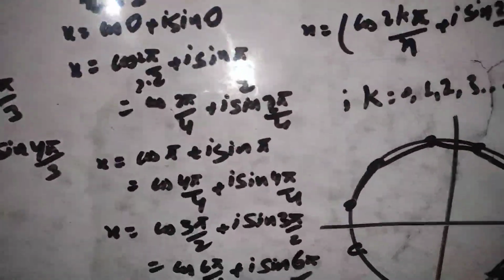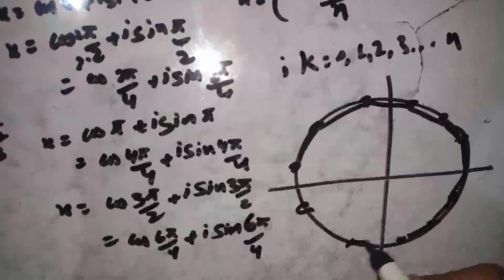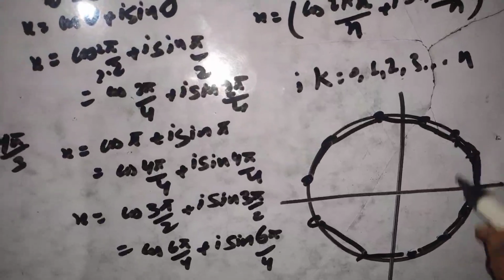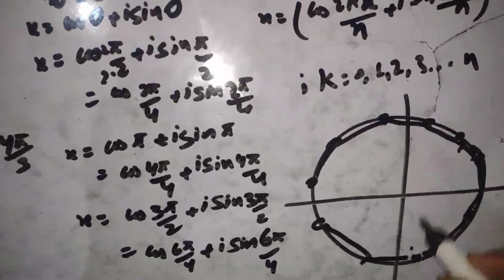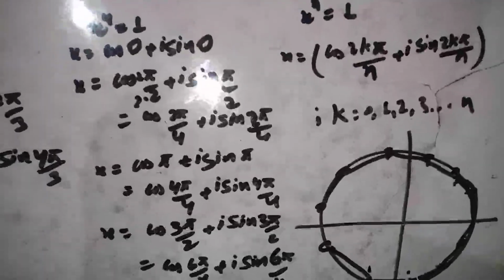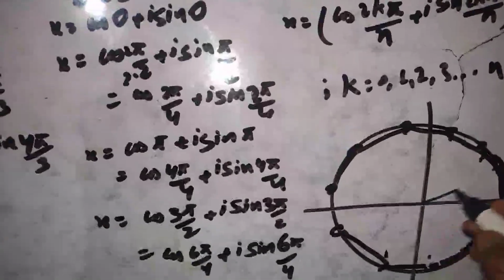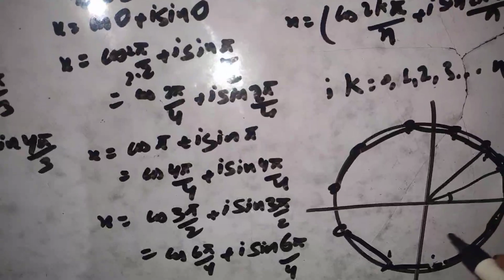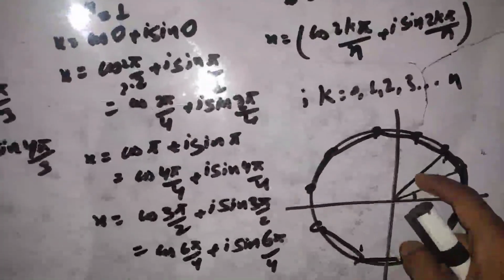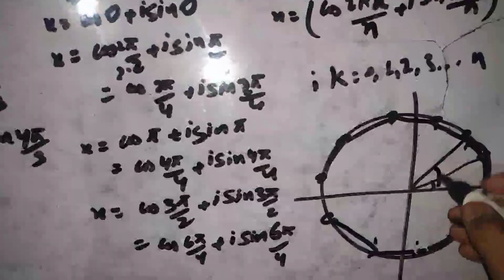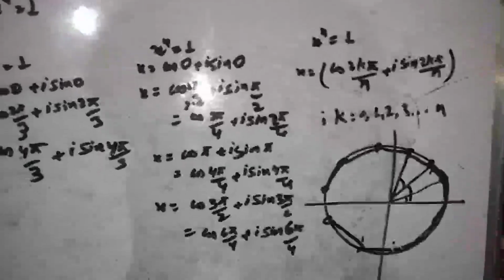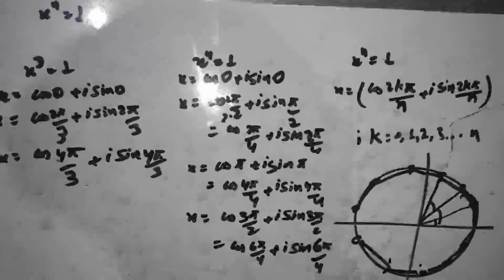Interestingly, we can also verify that these points are conjugates of each other, and so on for the other pairs. Again, we can verify that the central angle is divided by a factor of n, so each of these angles will be 2 pi by n. So that's all about the nth root of unity.